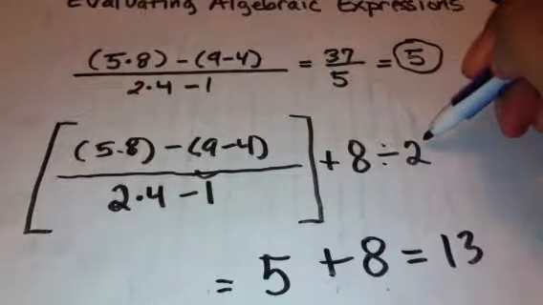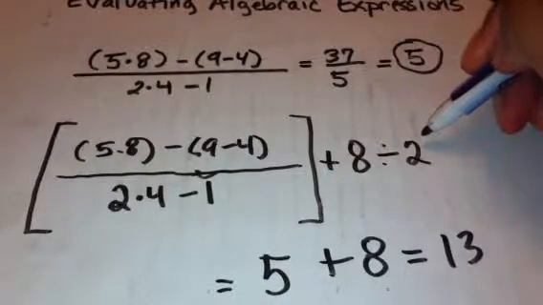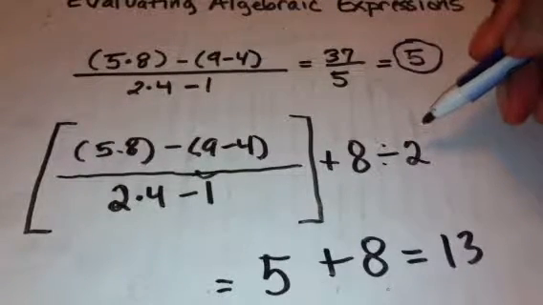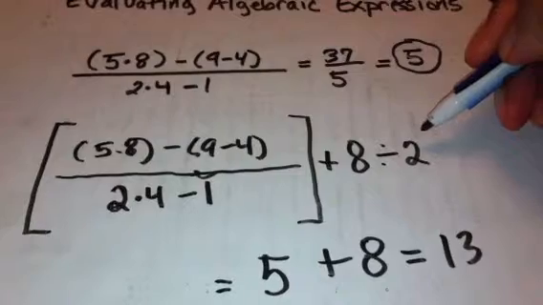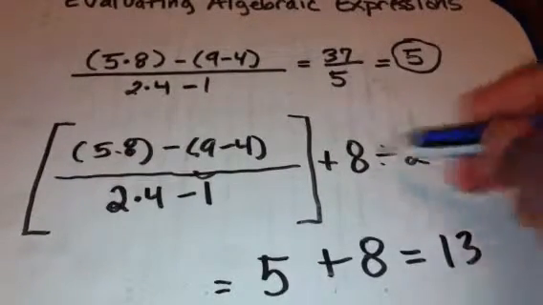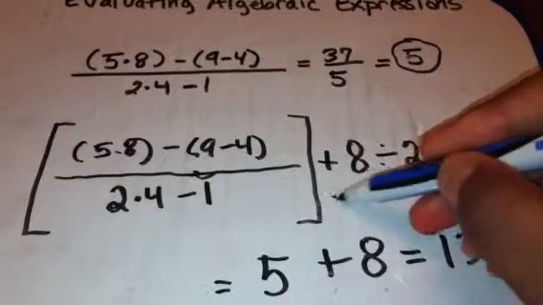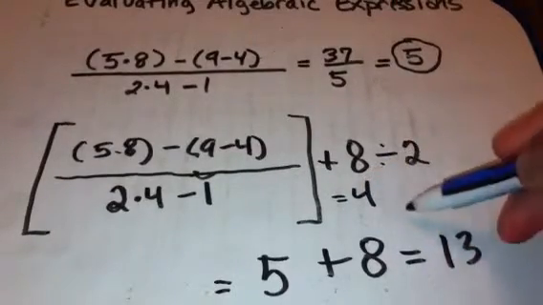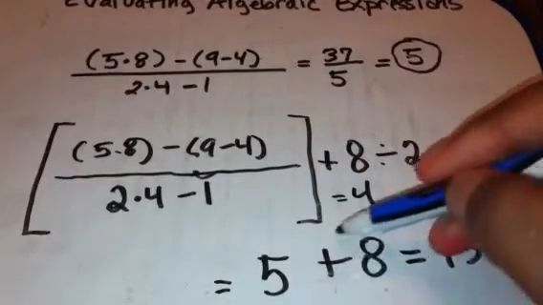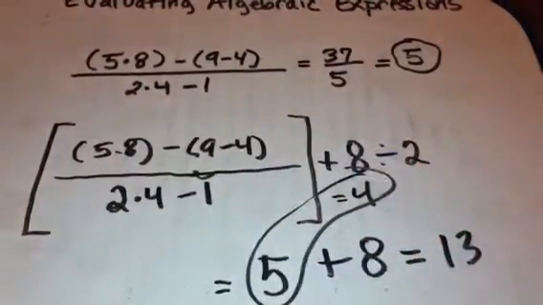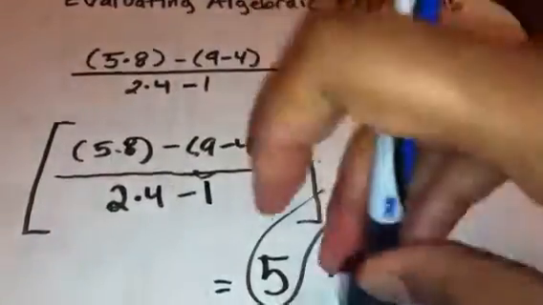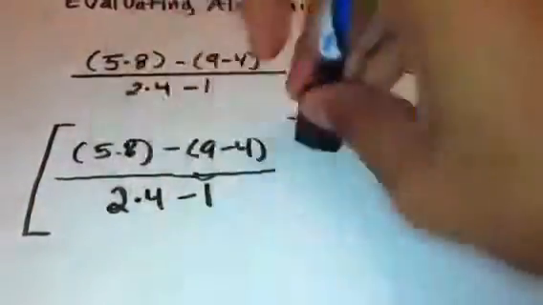But now that we've added that divided by 2, what does the order of operations tell us? It tells us multiplication and division from left to right before addition and subtraction. So we will have to actually divide 8 by 2 equals 4. So then it would be 5 plus 4. Those are just some examples of the types of things that you will see.